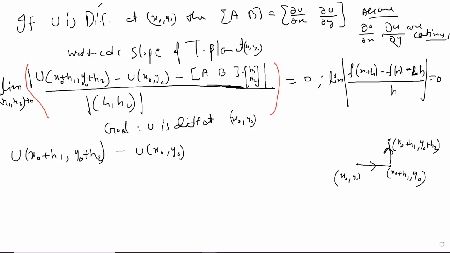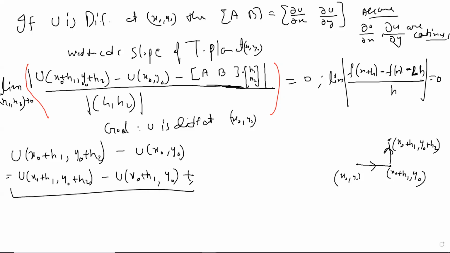So what does it mean? It means that I will change this difference, let me write it in the next line, it will be better. As I've said, we will take the difference in two steps. This part is the second step.